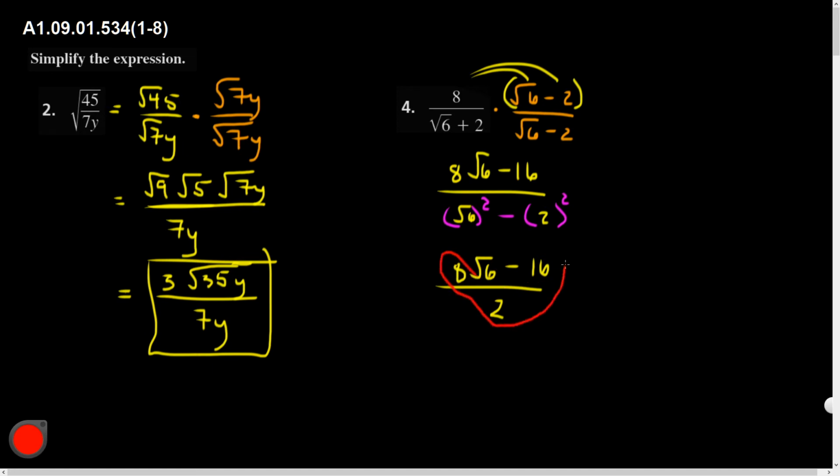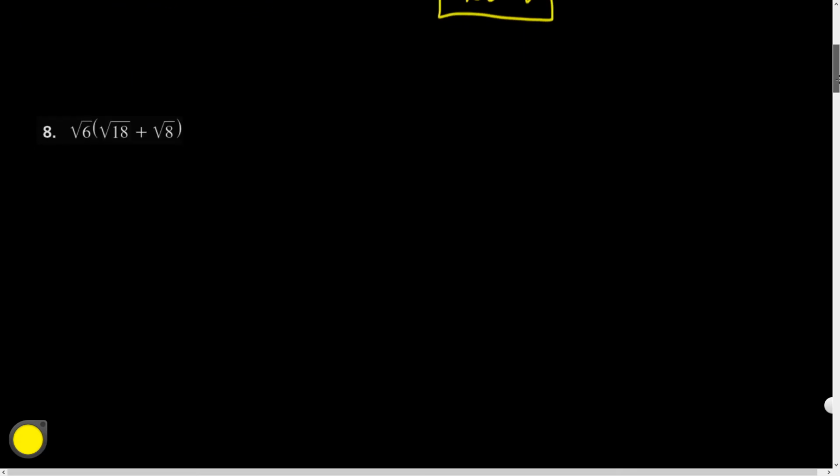And so both of the parts that are not in radicals can be reduced by 2. 2 goes into 2 once, into 8 4 times, and into 16 8 times. So final answer, 4 rad 6 minus 8 all over 1, which I don't even have to write. And so this is the fully reduced simplified answer.